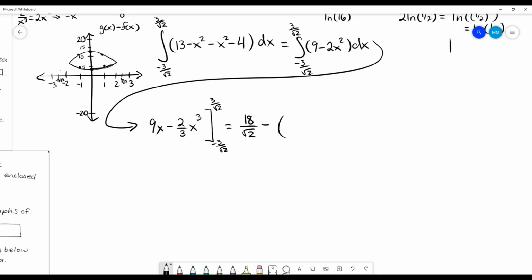So plugging that in, it's going to be negative 27 over square root of 2 for that first bit. And then minus 2/3. And again, I'm going to write out that whole bit, even though we kind of see how it goes. Remember that this is negative, so it's going to be negative 3 over square root of 2 times negative 3 over square root of 2 times negative 3 over square root of 2.